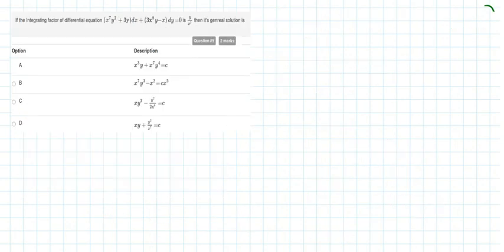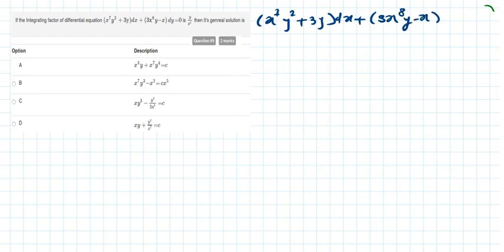Now the question is, if the integrating factor of the differential equation is given, then what is its general solution? Let's first write down the differential equation: (x raised to 7 y square plus 3y) dx plus (3x raised to 8 y minus x) dy equal to 0.